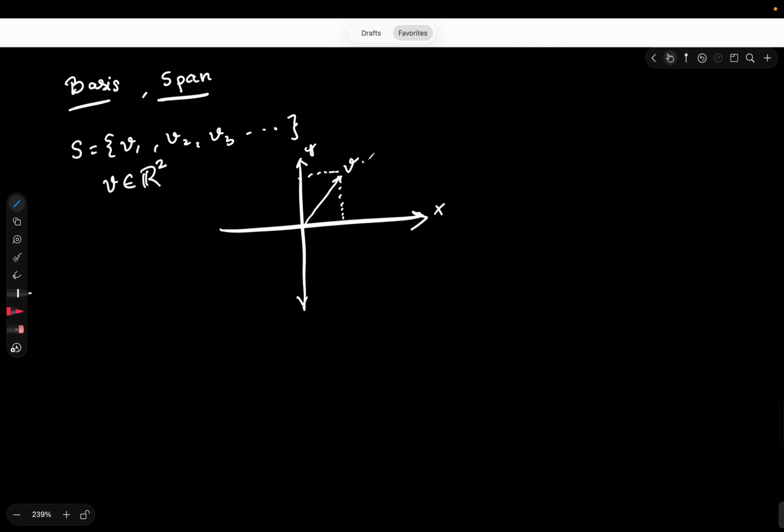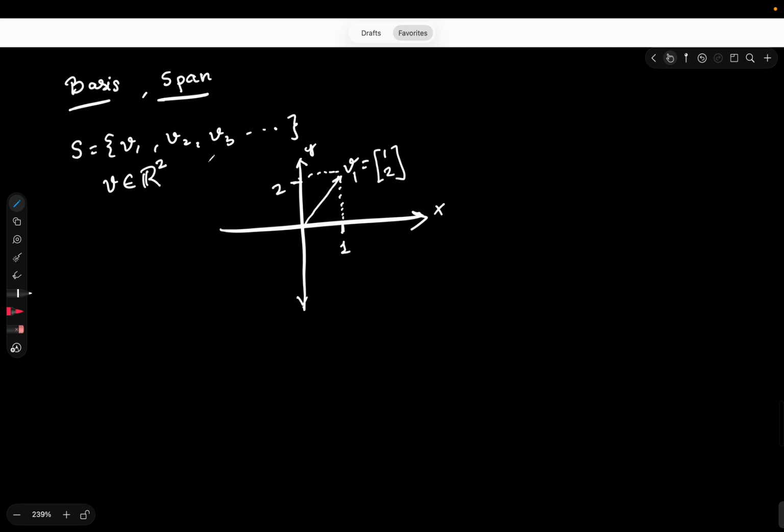So this V can be written as, suppose, (1, 2). So this is suppose V1. It is 1 here and 2 this side. So this is the meaning of a vector in a vector space.